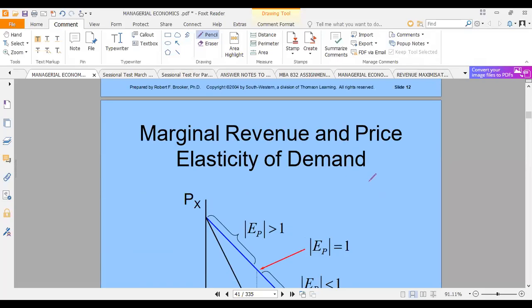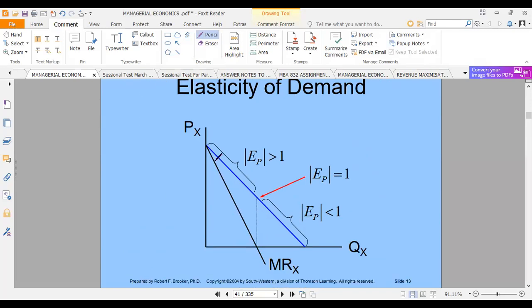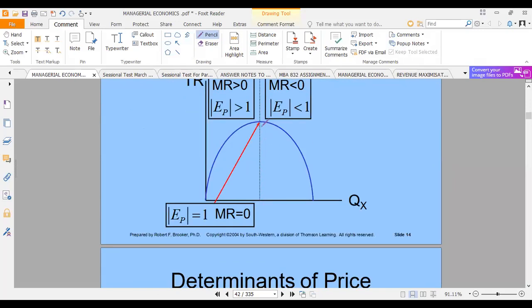The relationship between marginal revenue and elasticity is as follows. At a point when marginal revenue is positive, total revenue is increasing, and the demand is elastic. At a point where marginal revenue is 0, this is a point where the total revenue is maximum. So as long as total revenue is increasing, the elasticity of demand is greater than 1.